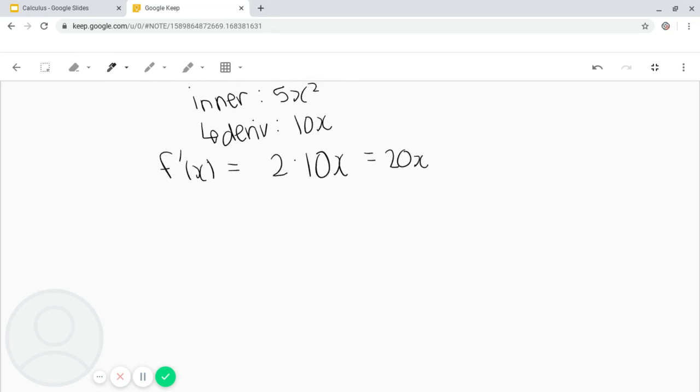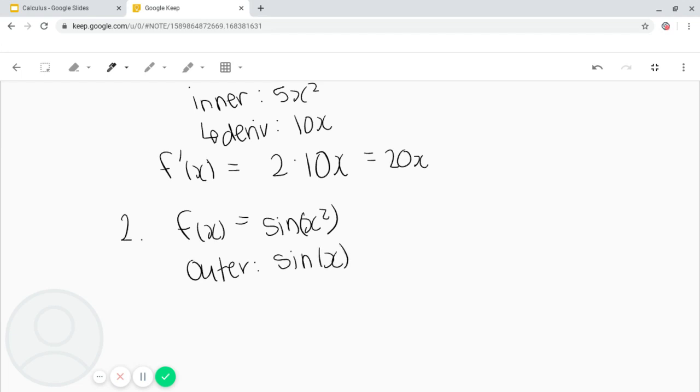Alright, we'll go over the second one now. So we want to find the derivative of f of x, which is equal to sine x squared. So we have the outer function is sine x, derivative of which is cosine x.